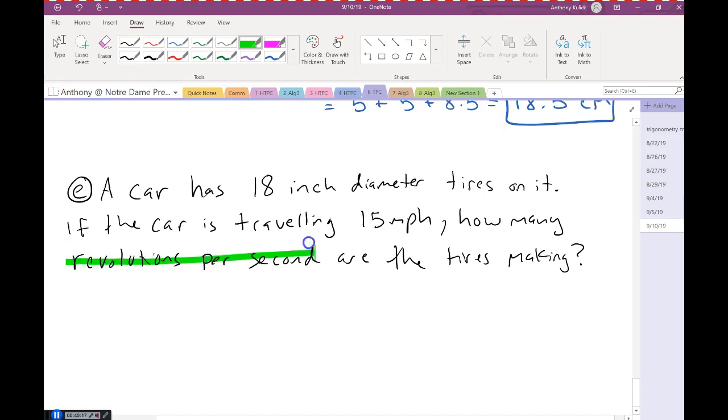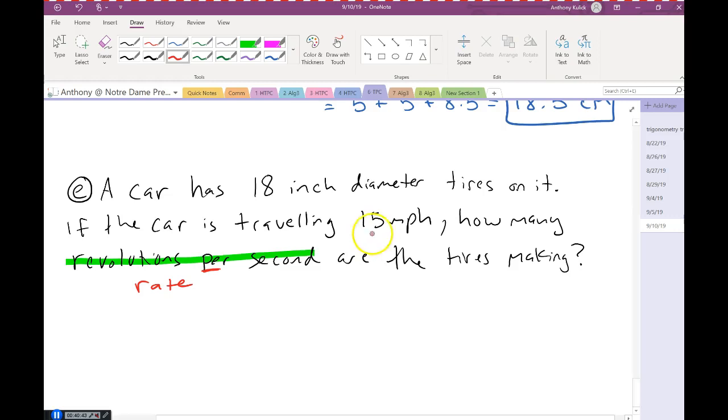So when I read revolutions per second, this quantity they're asking for is a rate. What word in there tells me it's a rate? Per. Are we given another rate in this problem? Yes, what is it?